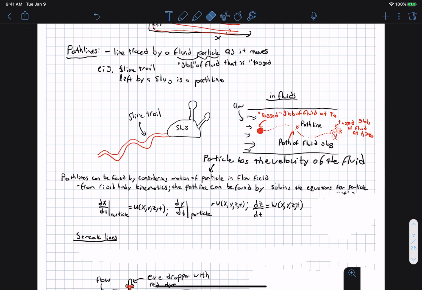And so to find the path line, we solve the equations of motion for a particle for its x, y, and z positions, and then just plot the position of that particle as a function of time.